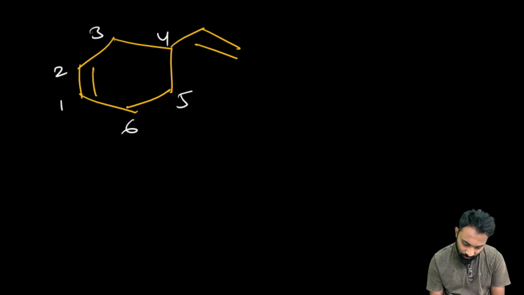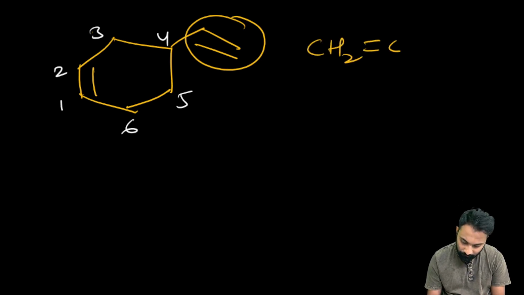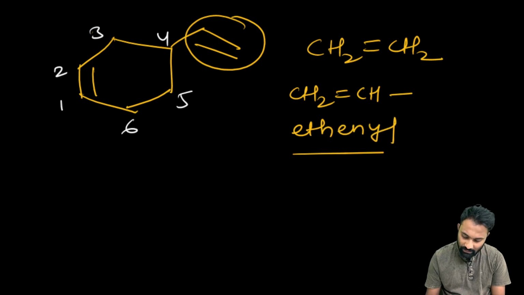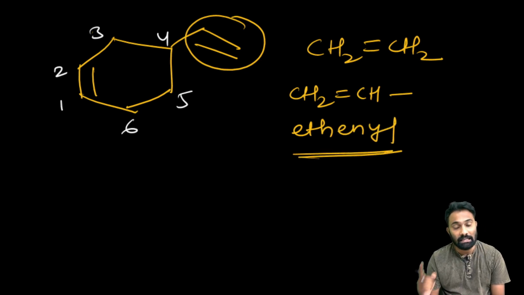Now, how do we write the name of this compound? This one will be the substituent. This is ethene. From this ethene, if one hydrogen is removed, the name will be ethenyl. The name of the substituent will be ethenyl. In the common names lecture, I already explained this very clearly.